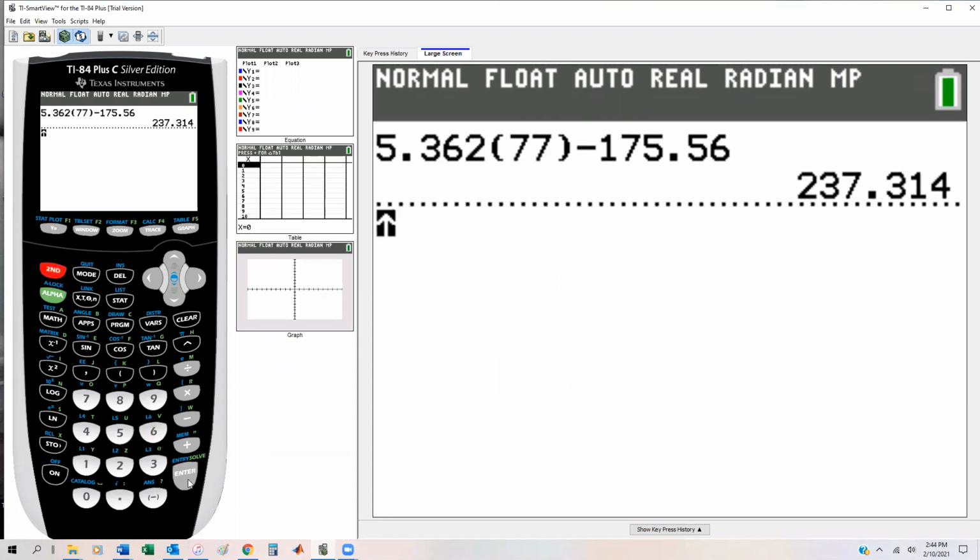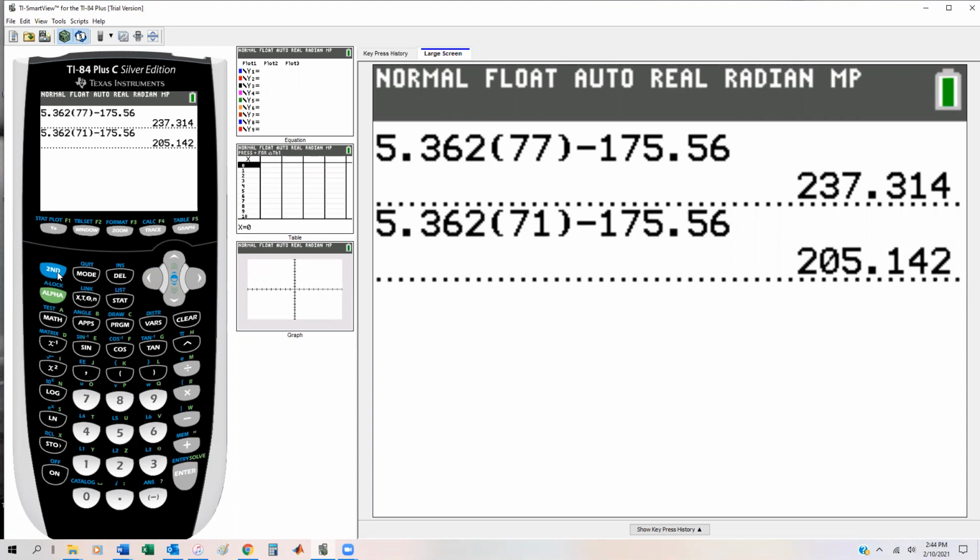And then we're just going to hit second enter, and we're going to type in the second x value, which was 71. And we're going to type in the third, which was 76.